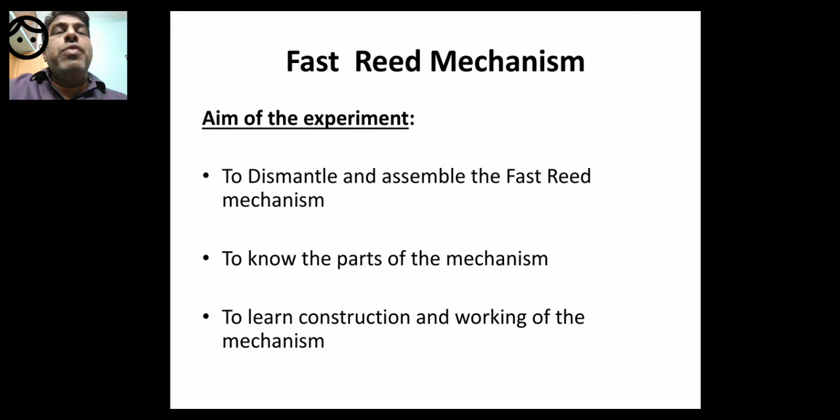What is used for beating up? Reed is used for beating up. The function of the reed is to beat up the weft yarn into the fell of the cloth.